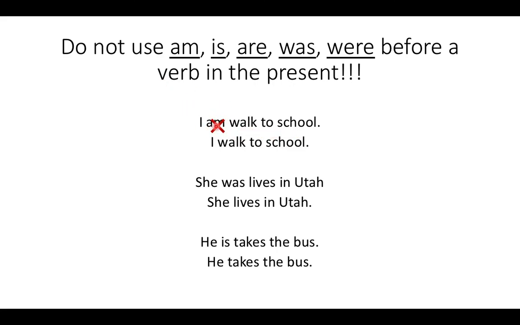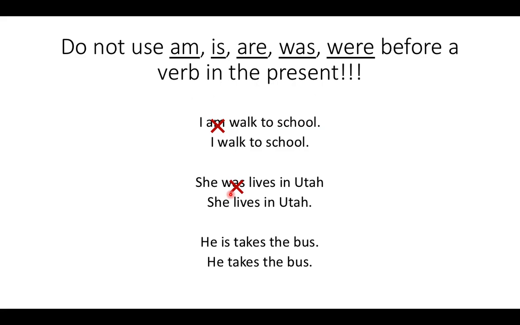You can't put am before walk if it's in the present tense. So it would be I walk to school. There doesn't need to be anything between who you're talking about and what they are doing when you're talking about the present tense. So she lives in Utah.